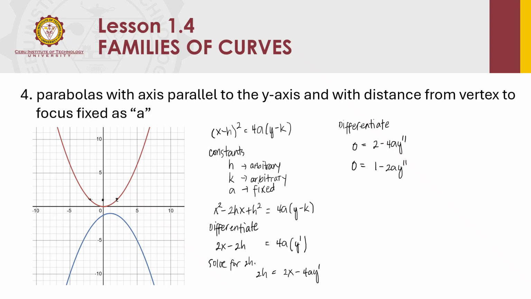Or if we want y double prime with a positive sign, we can multiply the whole equation by -1. So therefore, the final answer is 2a y double prime minus 1 equals 0. So this represents the parabolas with axis parallel to the y-axis and with distance from vertex to focus fixed as a.